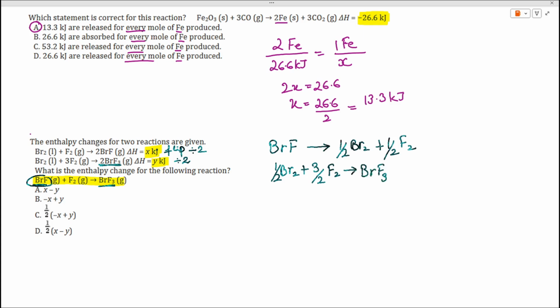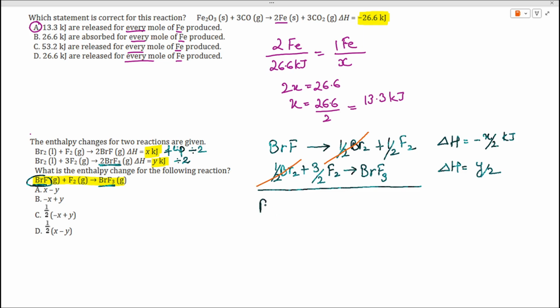When we divided the first equation by 2 and flipped it, its delta H is equal to negative x over 2 kilojoules. And when we divide the second reaction by 2, the delta H for that is equal to y over 2.